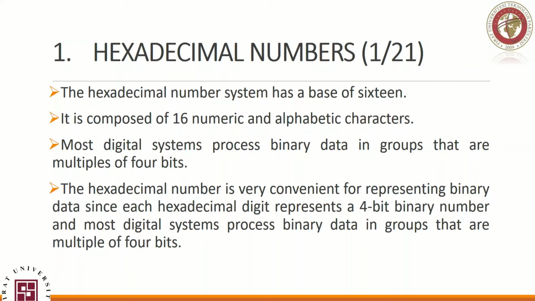Base 16 means we have 16 digits. For the values from 10 up to 15, we don't say them as 10, 11, 12. Rather we replace them with alphabetic characters. I said 16 earlier by mistake. 16 is the base, we don't reach 16.